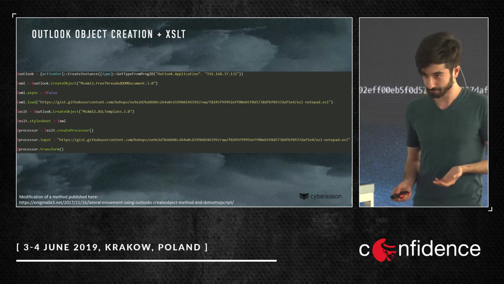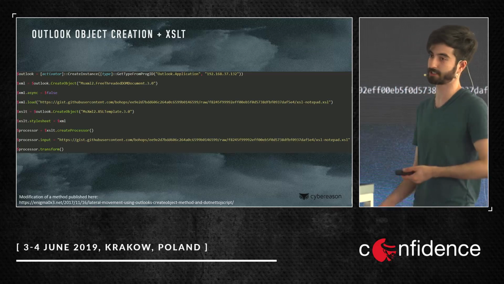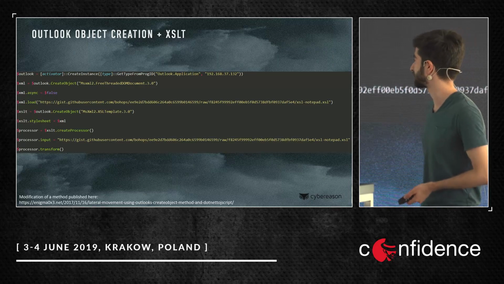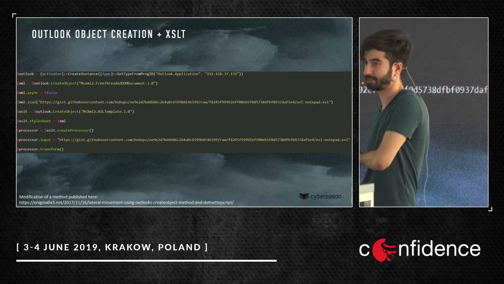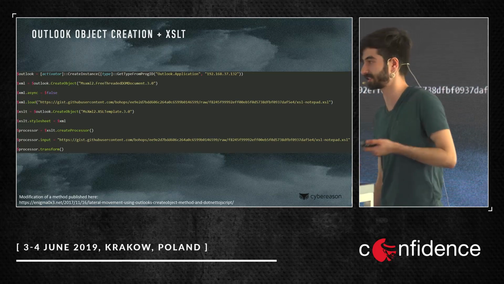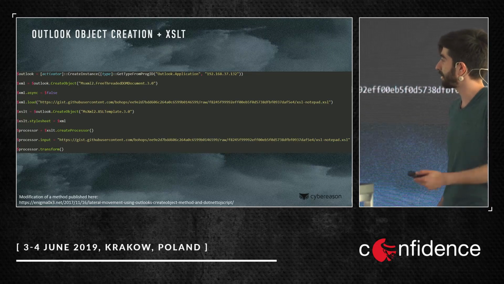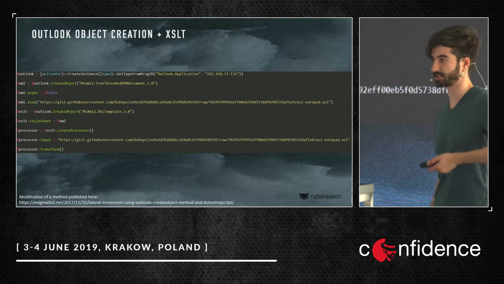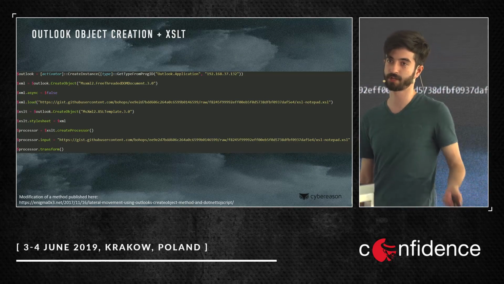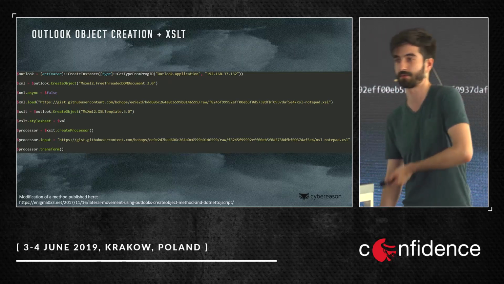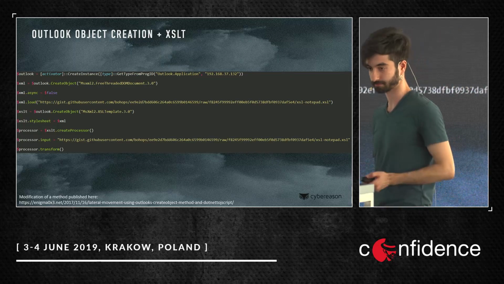We can use it to create the free-threaded DOM document, which is basically a COM representation of an XML file, and also MSXML2 XSL template, which is a COM representation of an XSL transform. And again, do pretty much the same thing. We just apply our transform, which contains a malicious script, to our XML file. And that's it. The script executes. Nothing stops it from running whatever arbitrary code it wants, and we are, again, running whatever we want.